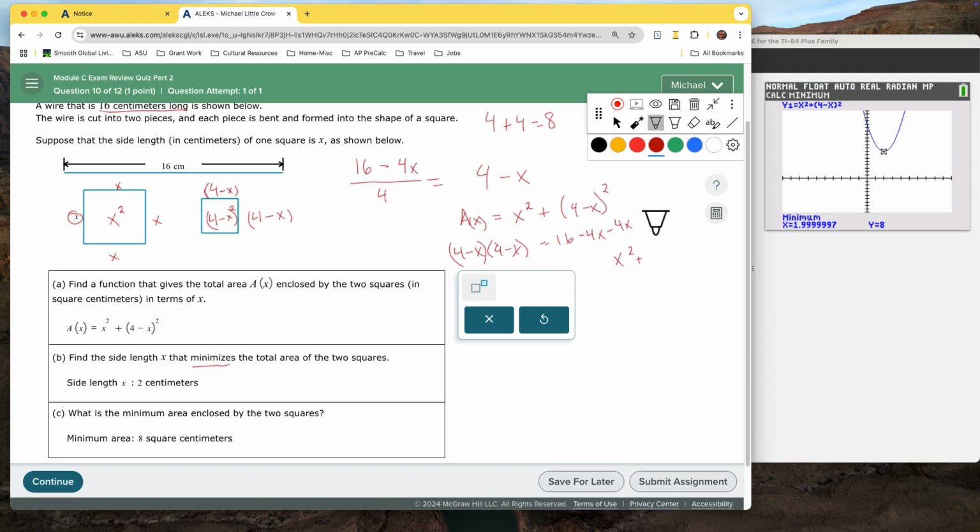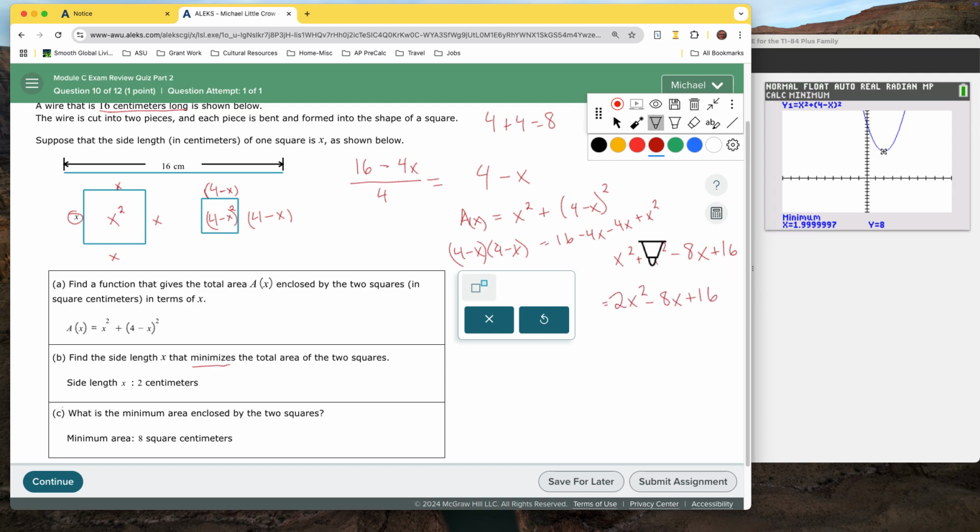And then you get positive x squared. I'm going to put the x squared first. Minus 4 is negative 8x plus 16. X squared plus x squared is 2x squared minus 8x plus 16.